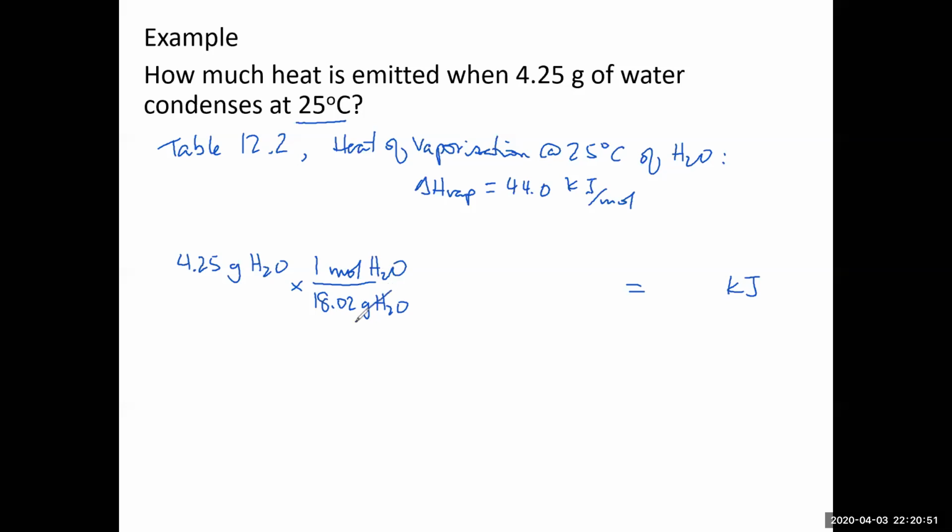So our grams have canceled out. Now we can multiply by the heat of vaporization, and we see for every 1 mole of water, we have 44.0 kilojoules. So now our moles of water cancel out, and we end up with just kilojoules of heat. And our answer is 10.4 kilojoules of heat.